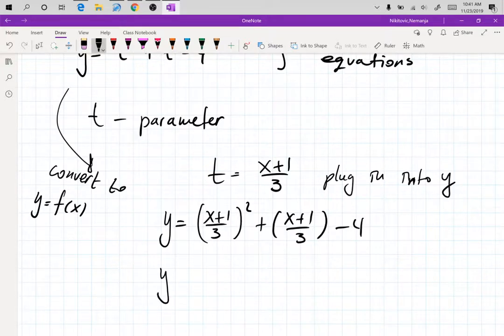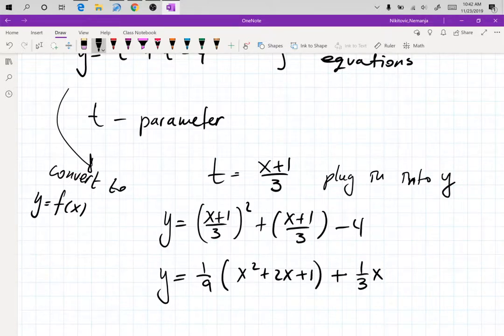So we can start with y equals 1 over 9, because a third squared is 1 over 9. So 1 over 9 times x squared plus 2x plus 1, plus x over 3 plus 1 over 3, and then minus 4.